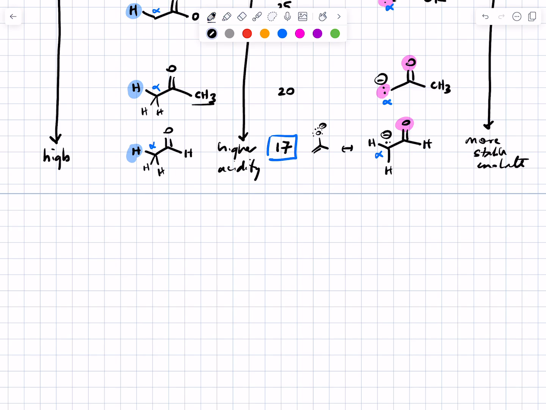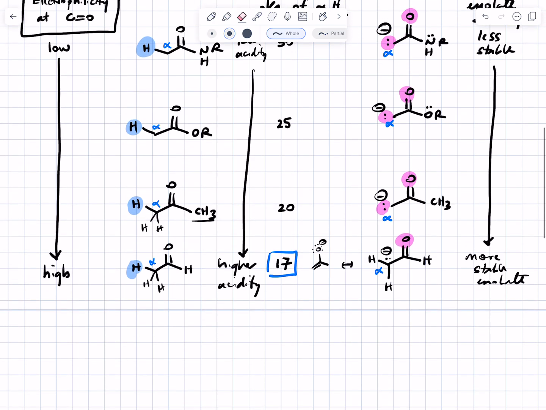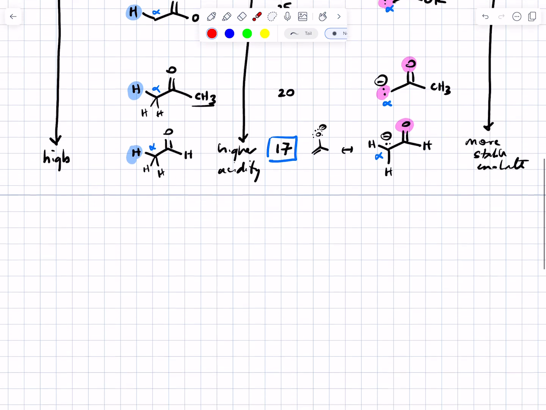These are interesting because they start to be so acidic that even hydroxide or an alkoxide could completely remove the alpha proton. So we'll start by considering this ester, which has a pKa of 25.